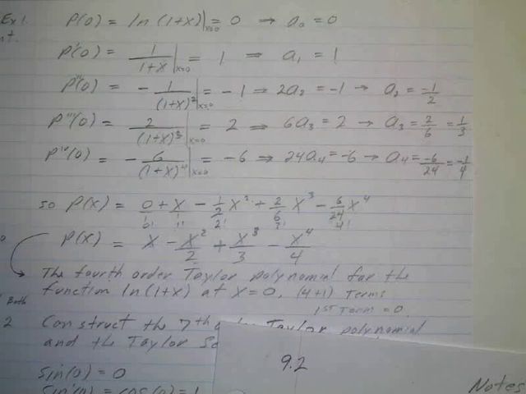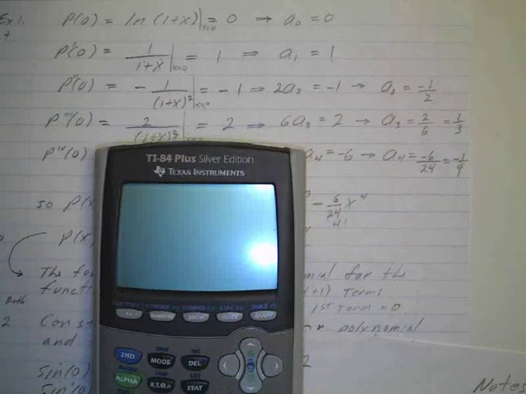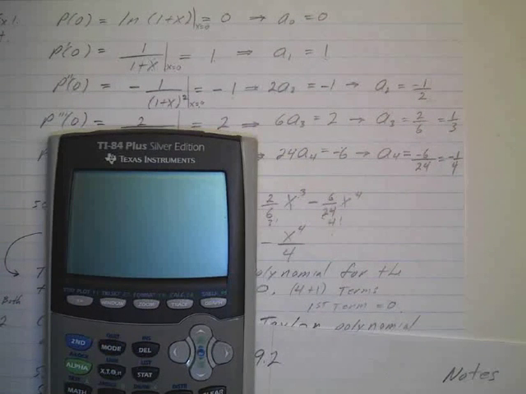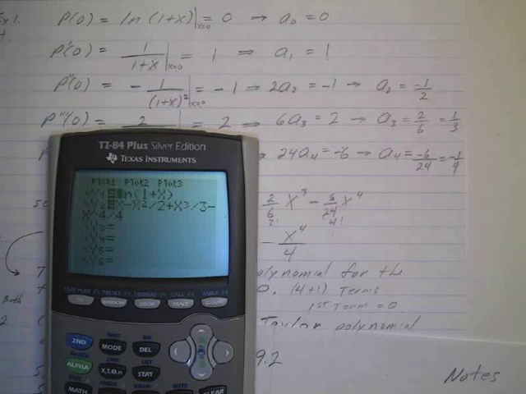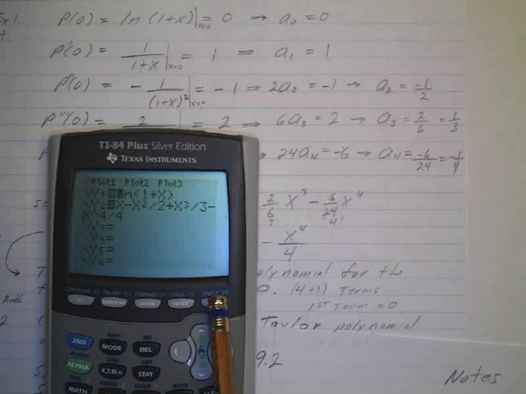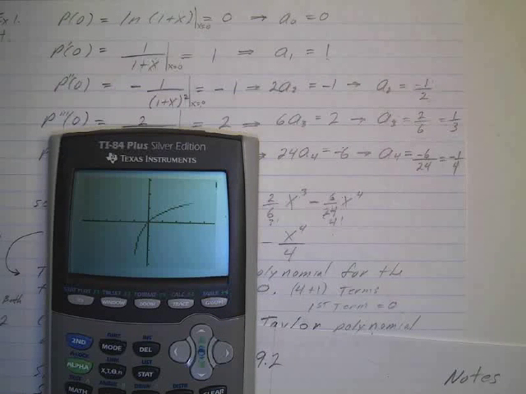Now let's graph these and see what happens. So we're going to graph the natural log of x plus 1, and then we're going to graph our polynomial approximation and see how close they are. I already did this. In y1 I put both of these, and if you graph them, there's x plus 1, and there's our polynomial.